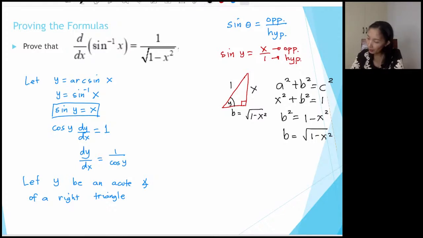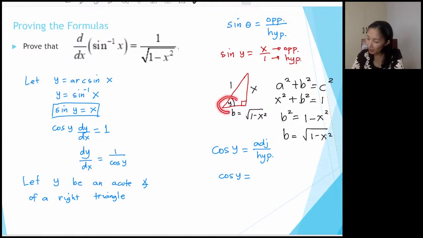From here, cosine y, by definition, cosine is equal to adjacent over the hypotenuse. So your cosine y will now be the side adjacent to angle y.